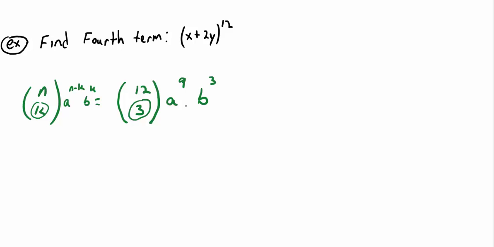But wait, there's more, because we think of a as x and 2y as b, so we've got to fill that in. So fill that in, what do we get? X to the 2y to the 12. 12 choose 3. I thought we said x to the 9th. Oh, sorry.